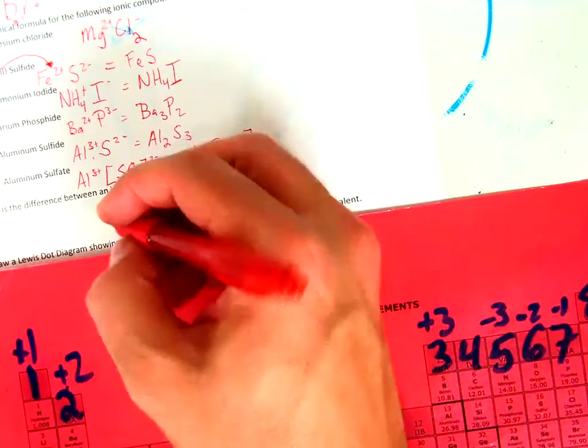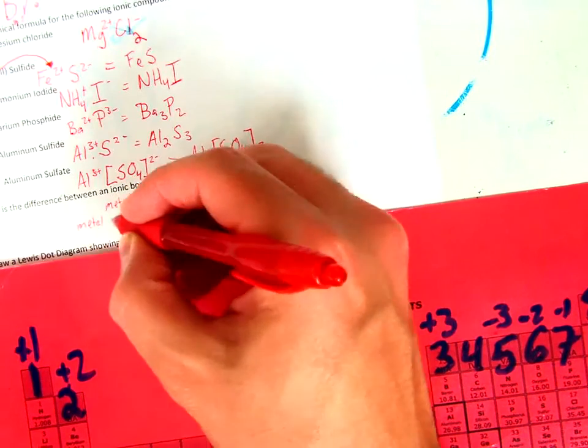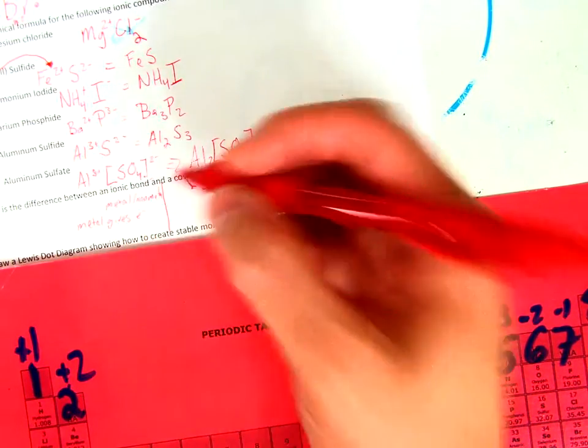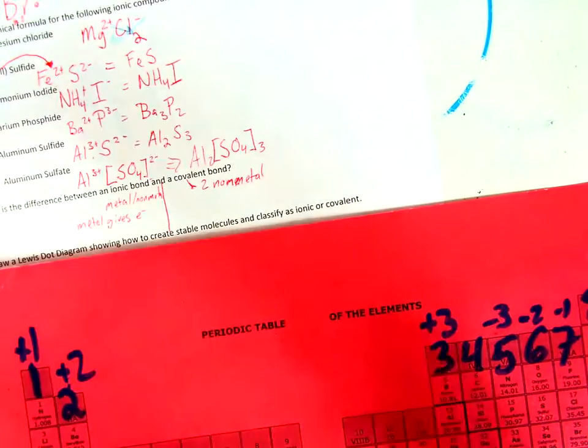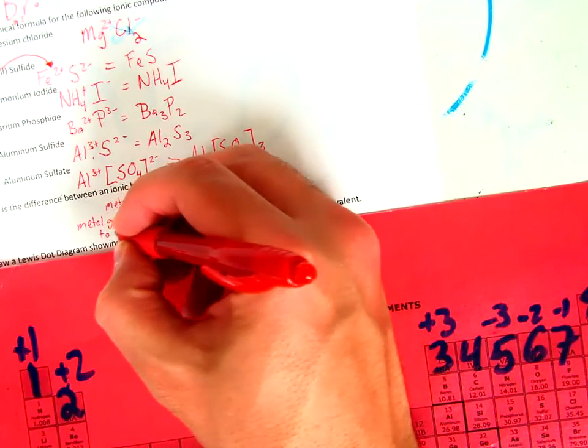Ionic bonds. So the metal gives electrons. So the electrons are actually being given from the metal cation to the non-metal anion.